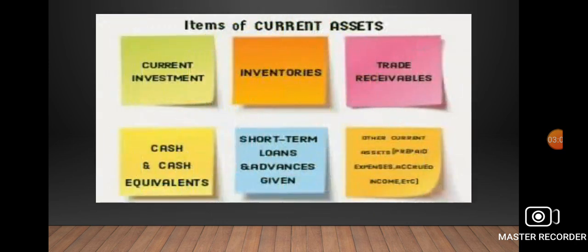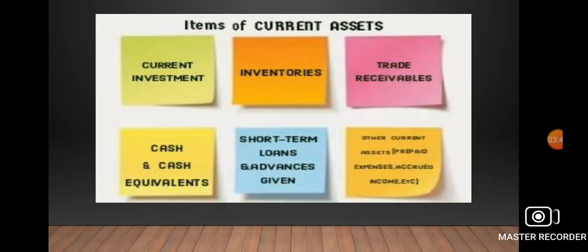Current assets means current investments, inventories, trade receivables, cash and cash equivalents, short-term loans and advances given.